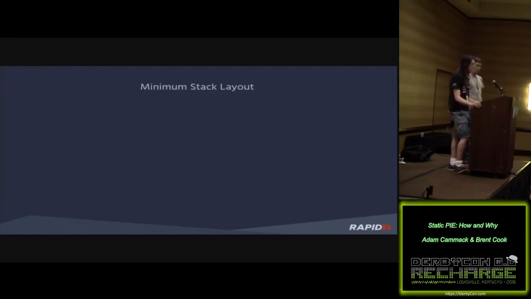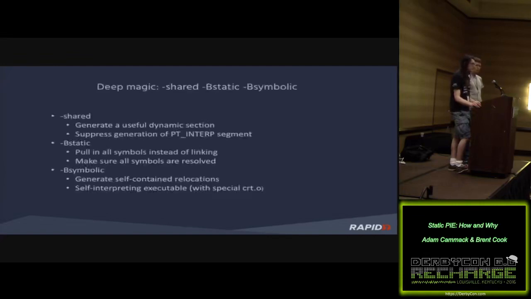And then we get to the part of how we can make generic code position independent and contain all the stuff it needs. So in order to do this, we have to abuse some linker flags. We have to pass some flags that look like they might be contradictory, like we pass both the shared library and the static linking flag, and we have to tell it to generate special relocations with -Bsymbolic. So shared, we need to generate a dynamic section that says we actually have symbols that we need to use, which your normal static executable doesn't, so we have to pass that.